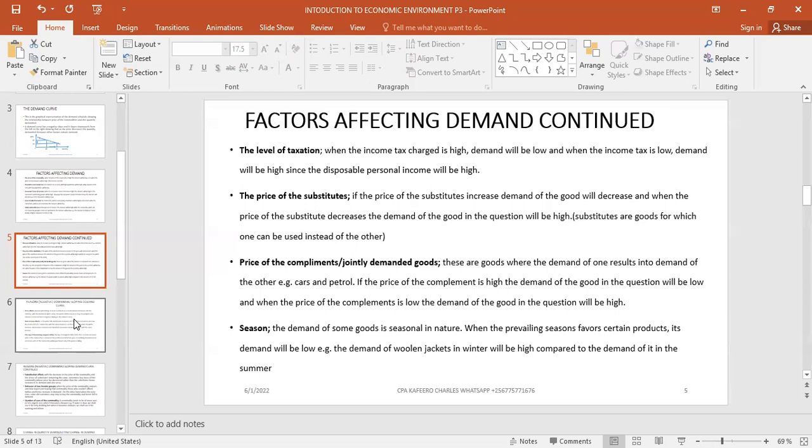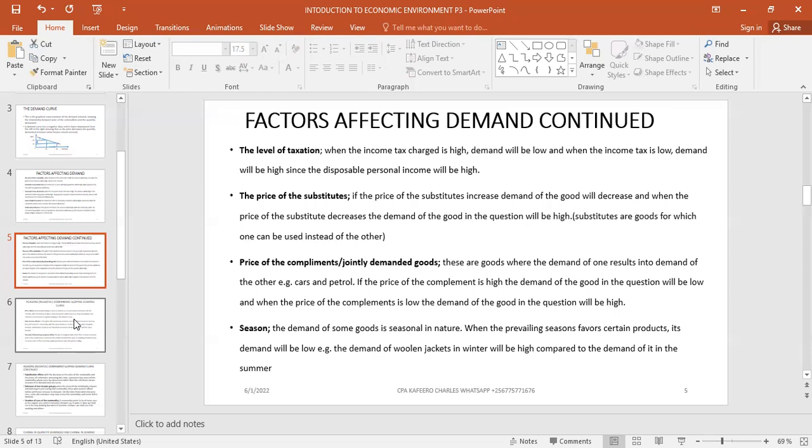You put that people are not going to be buying because the disposable income has reduced. If you just put that when the taxes are high we expect the demand to be low, then you stop there, no, it's not enough, because you are not giving us the reason why the demand is reducing.